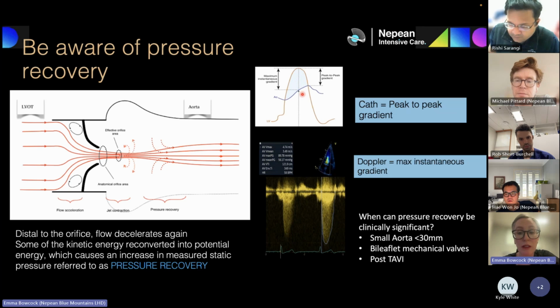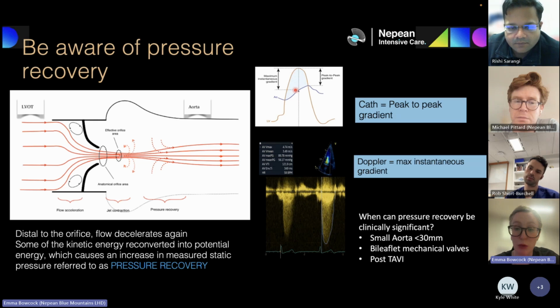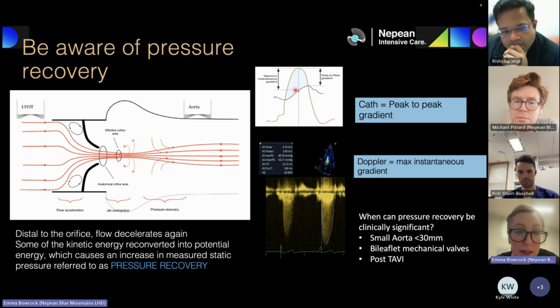As opposed to with Doppler, where we get the maximum instantaneous gradient. Okay, so rather than it being peak to peak, we get the maximal one. So what that means is with Doppler, we tend to get slightly higher gradients than with cath. Usually it doesn't matter too much in most patients, so you can ignore it.